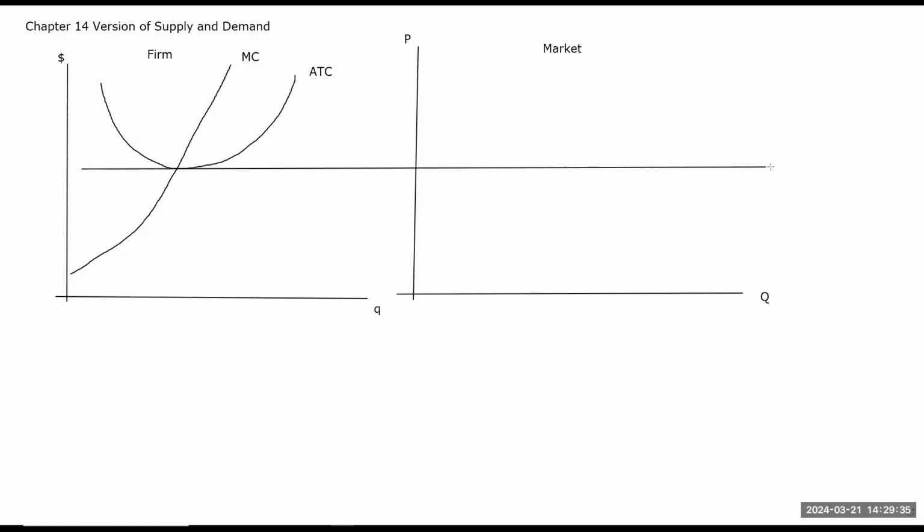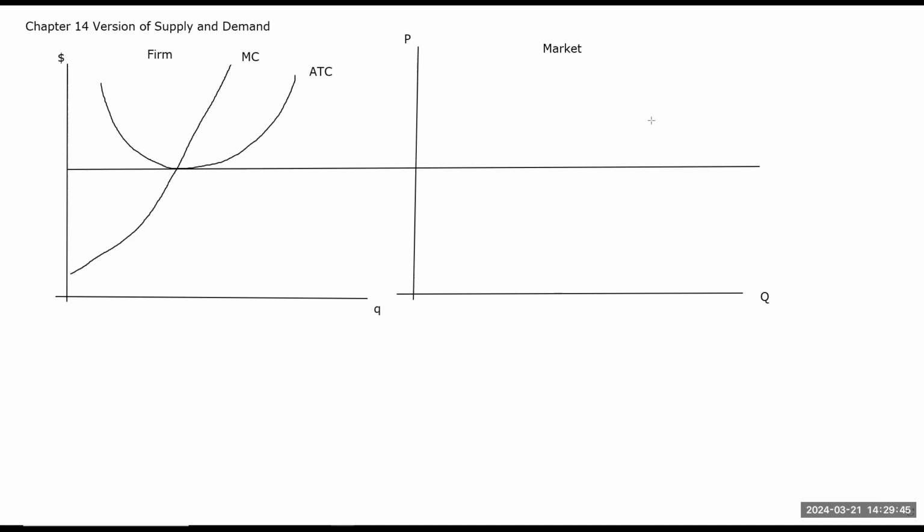For the firm level, we're going to draw a U and a J that goes to the bottom of the U. The U is average total cost, and the J is marginal cost. And we're going to have a straight line right about here.